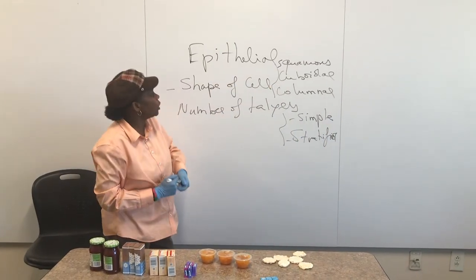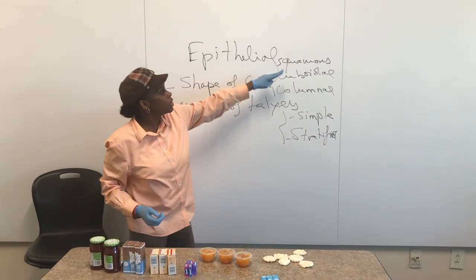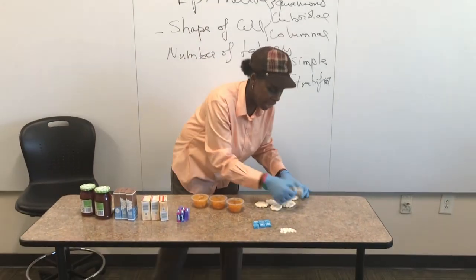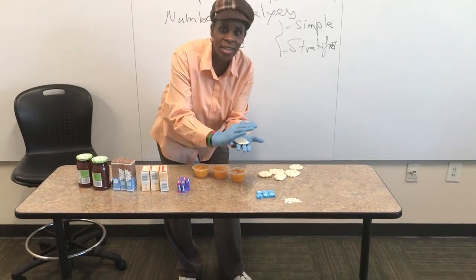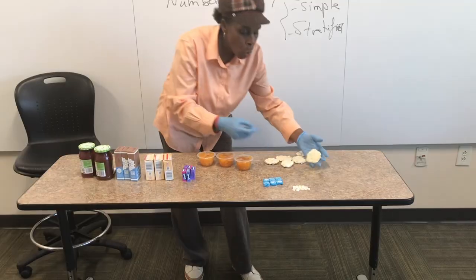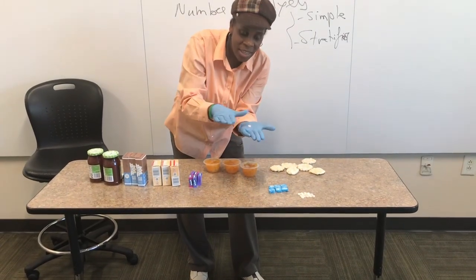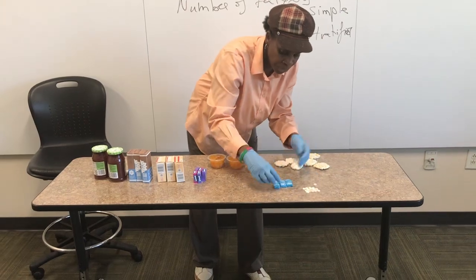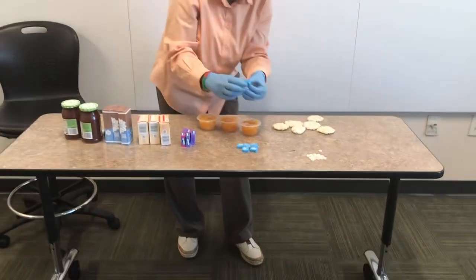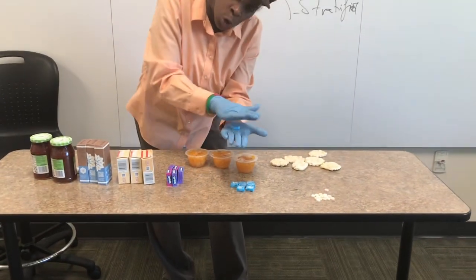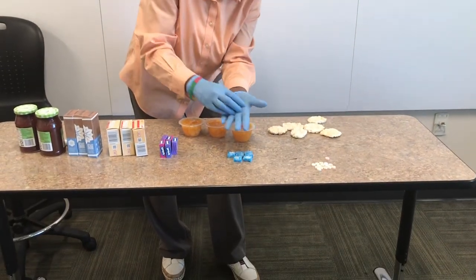Now, how do you know which one is what? If you look at the squamous, they will look like this. They're kind of flat. So this is a squamous cell. Or something like this, kind of flat. This one is like a little square, also flat, so it could be squamous.